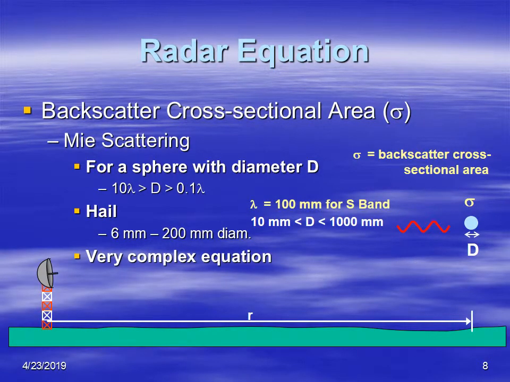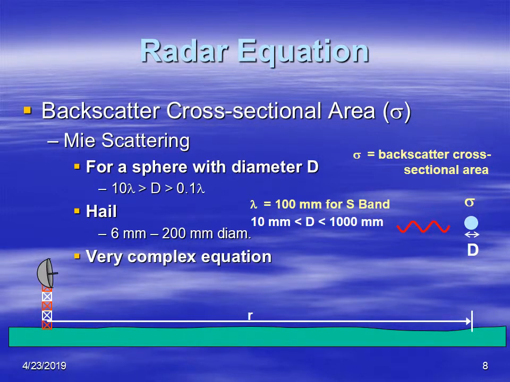Now, things get a little bit crazy when you're in between optical scattering and Rayleigh scattering. Remember, optical scattering is for really large objects like dirigibles or beach balls, and Rayleigh scattering is for really small objects like cloud droplets or even precipitation-sized particles. How about in between?